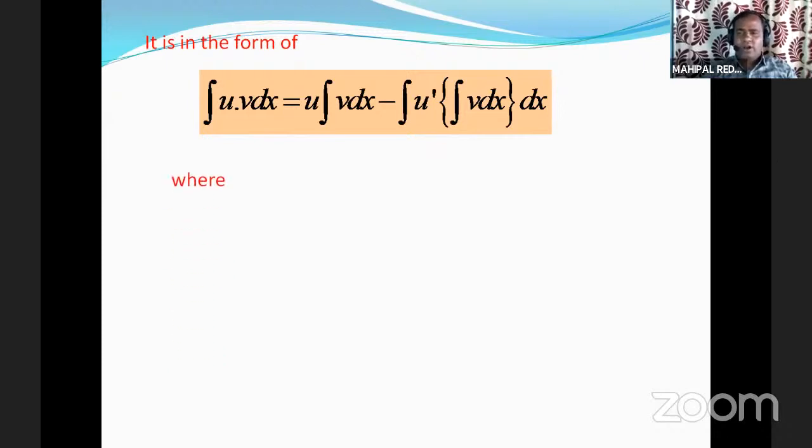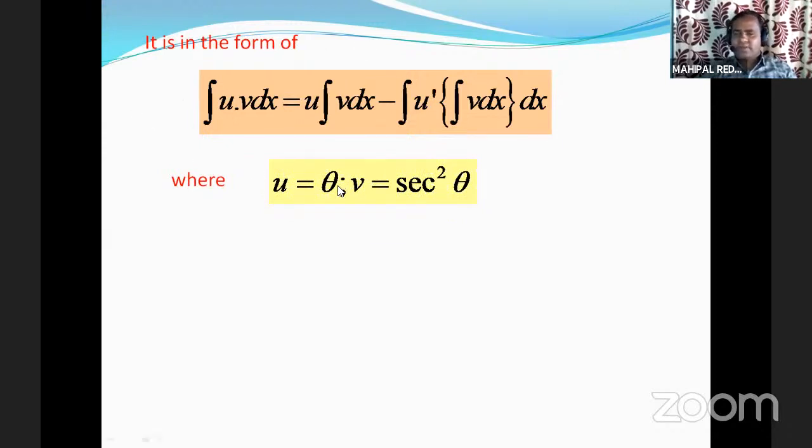How can you choose the u? I am giving the clue also: ILATE. I means inverse trigonometry. Is it there in the given question? The question is theta into sec square theta. There is no inverse trigonometry. Then next one is L. L means logarithm. There is also no logarithm function. And A is algebraic. Which is the algebraic here?